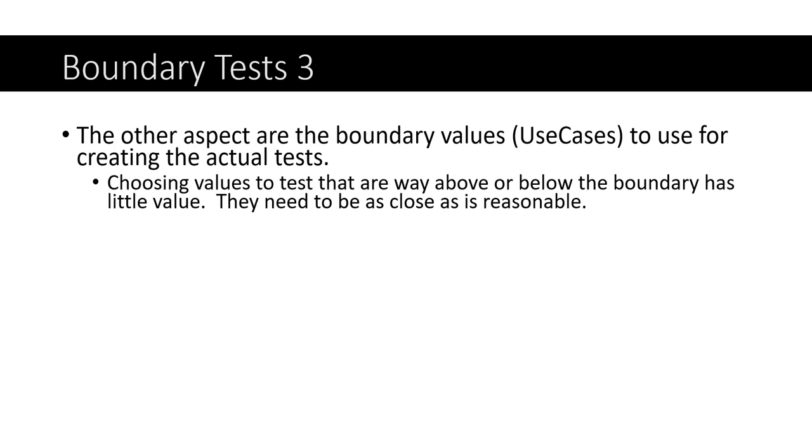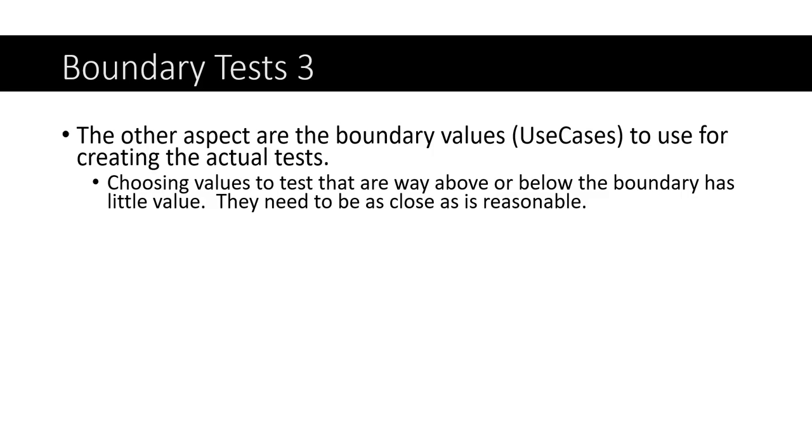Okay, so let's talk a bit about how we set these up then. So there's a couple things to consider, right? One aspect are the boundary values, the use cases we use, right, to actually establish our tests, okay, to make sure that we're seeing the change as we cross the boundary, right? So, you know, inevitably, I can talk about this till I'm blue in the face, but just about every year, I always get some student that on a test that involves some boundary testing like this, maybe a boundary happens, like, as I said earlier, 100, right?